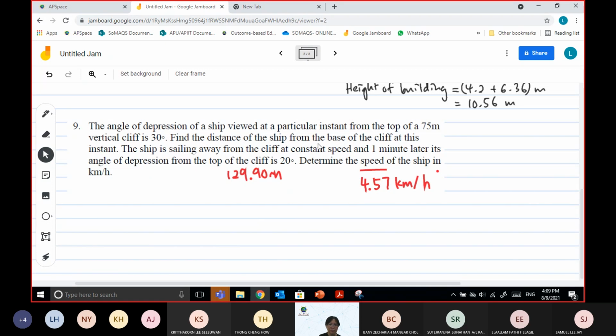Find the distance of the ship from the base of the cliff at this instant. The ship is sailing away from the cliff at constant speed, and 1 minute later its angle of depression from the top of the cliff is 20 degrees. Determine the speed of the ship in km per hour. You have to take note of what unit is required for the speed here.